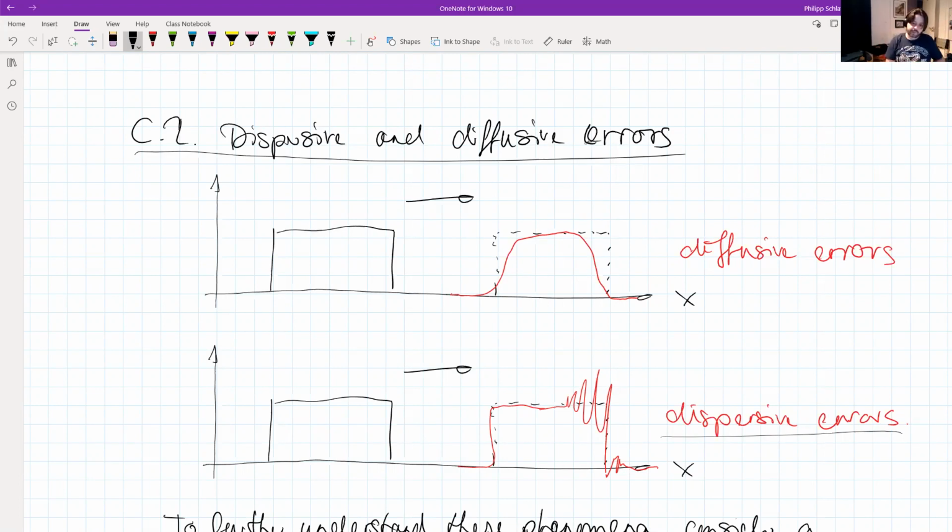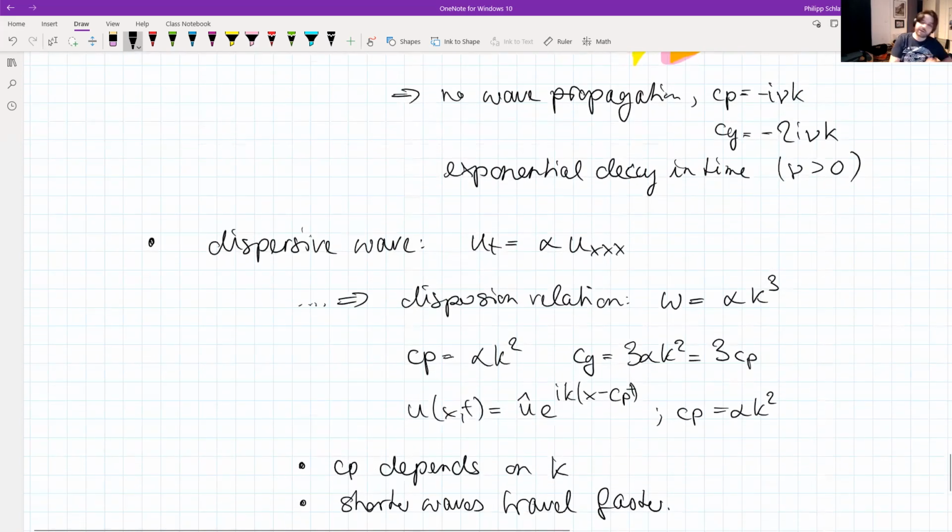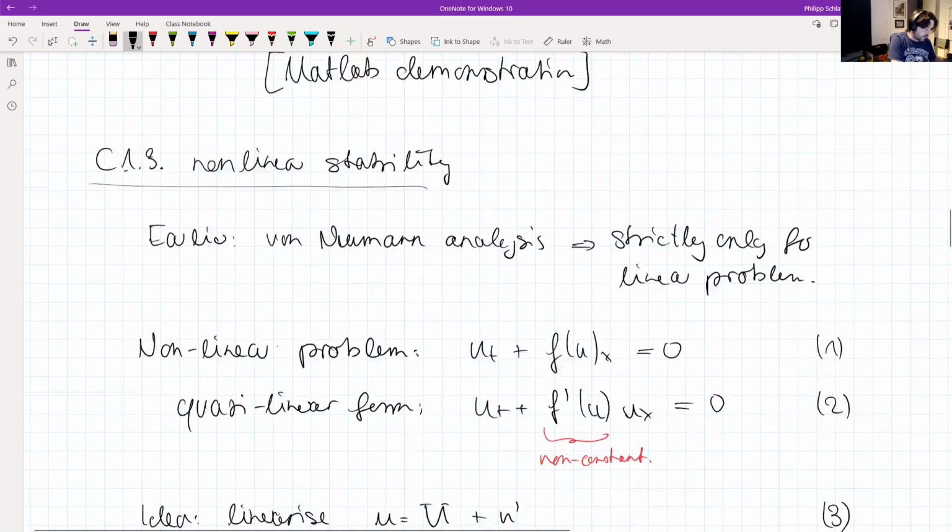But now it turns out that if I have a dispersive term, so a u_xxx term in my equations, then suddenly not all waves have the same speed. The difference in speed depends on this prefactor alpha that I have introduced. So this prefactor alpha gives me a quantification of the speed difference. And if you think back to the Lax-Wendroff scheme, we can directly go there and look at it.